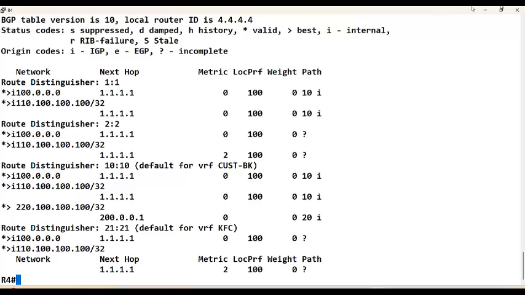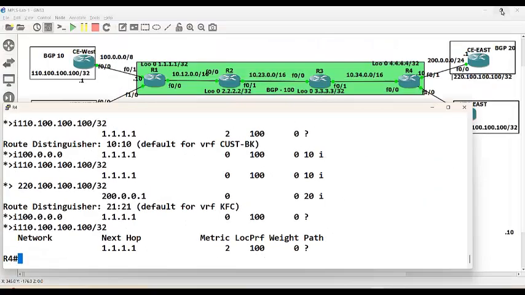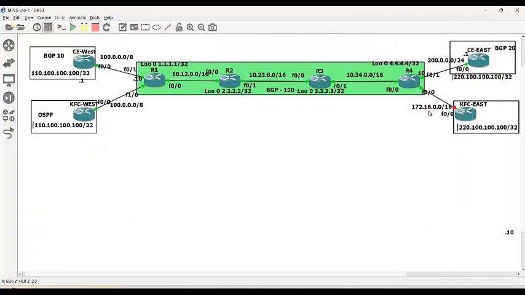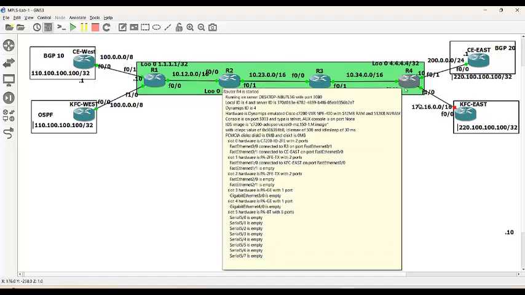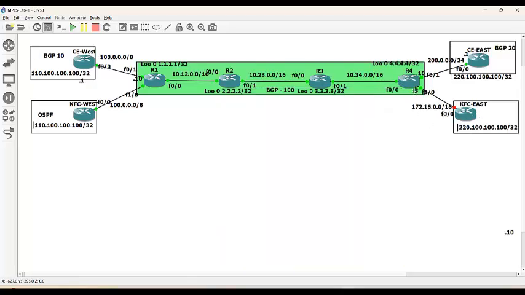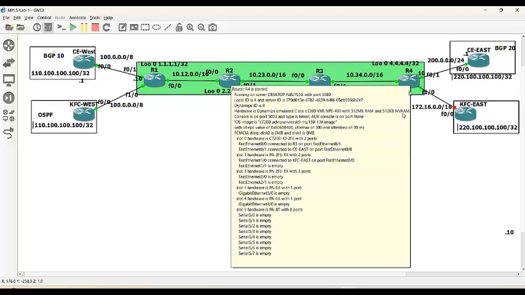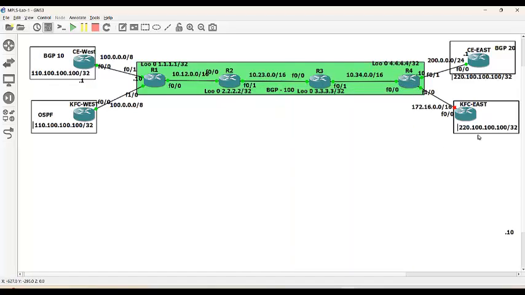Right, what is next? Now we need to learn this route in R4, meaning the KFC East route in R4, and take the VPN route which you have already learned in the routing table, give it to East so that East can ping West and West can ping East.